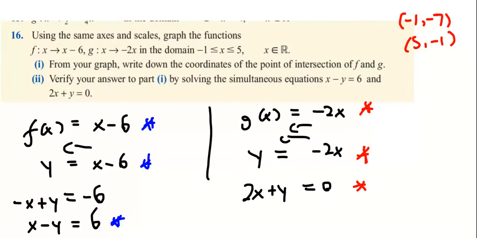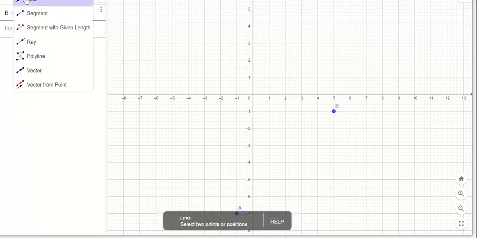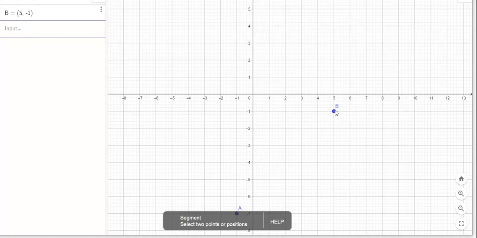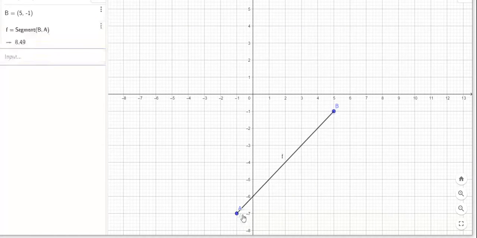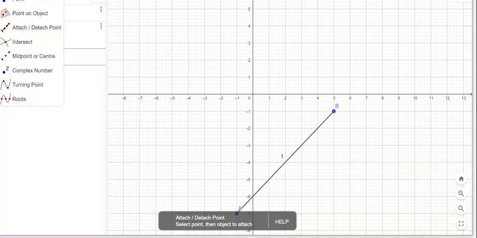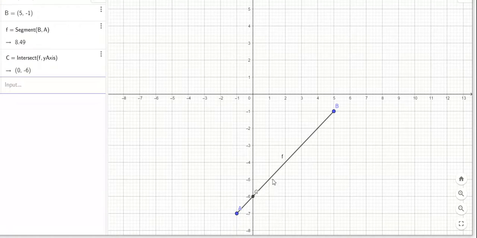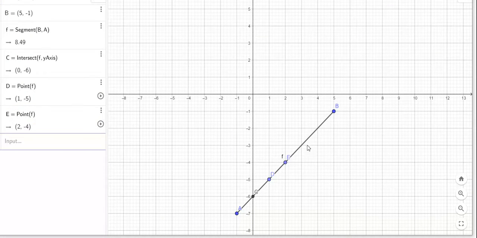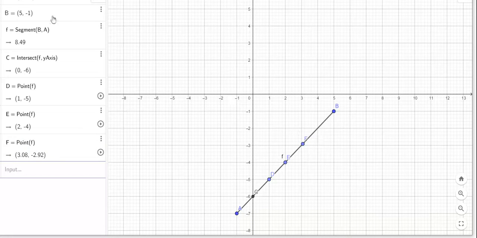The other point I was looking at was (5, -1), which I'm hoping is here. Now if I join both points together in a line segment, like so, there it is. And what I can do is just dot off the other points really quickly. C, D, E, F. Oh, the last one's wrong.